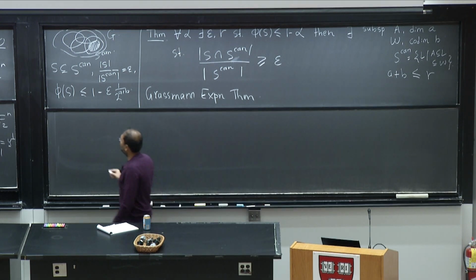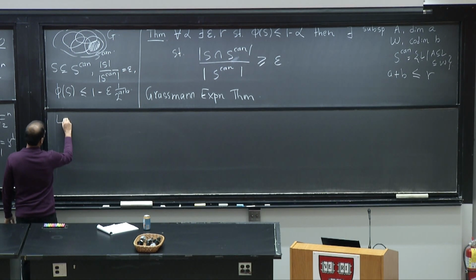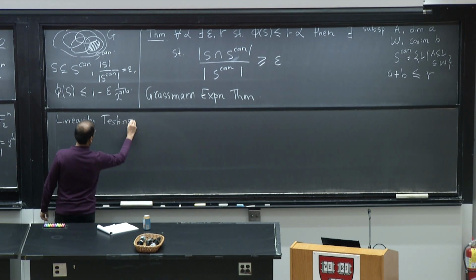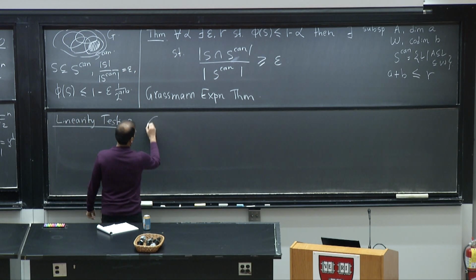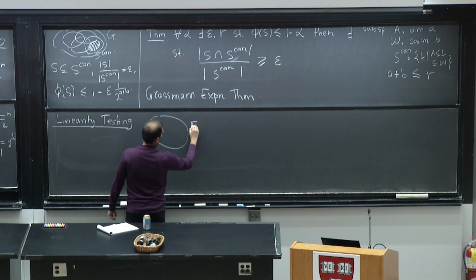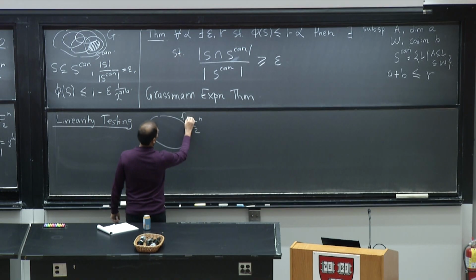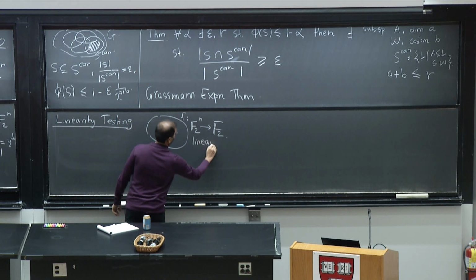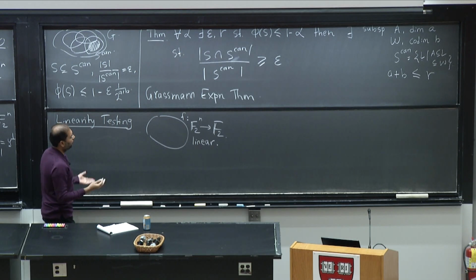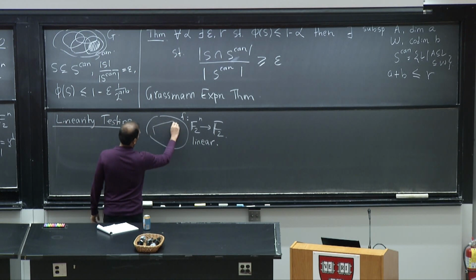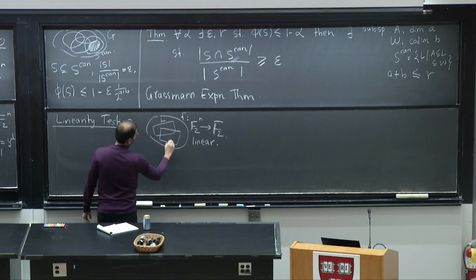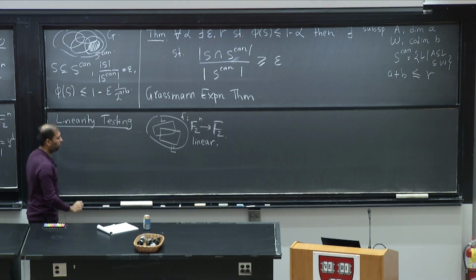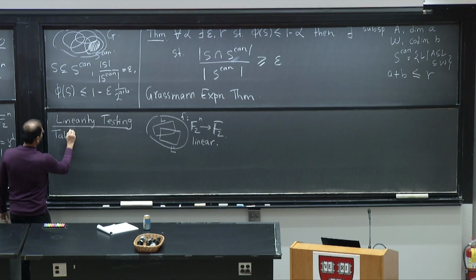Now, what is this linearity testing problem? This is the kind of problem which computer scientists are fond of. Suppose there is a function f on the global space which is linear. And now, for fun, I write down the restriction of that function to every subspace L of dimension little l, and we'll call that a table.